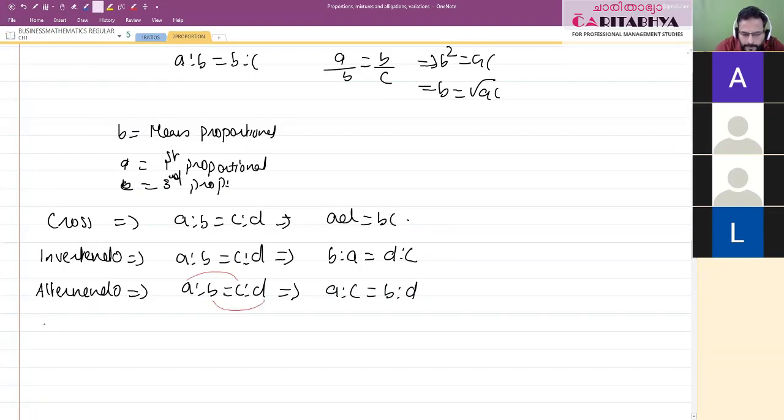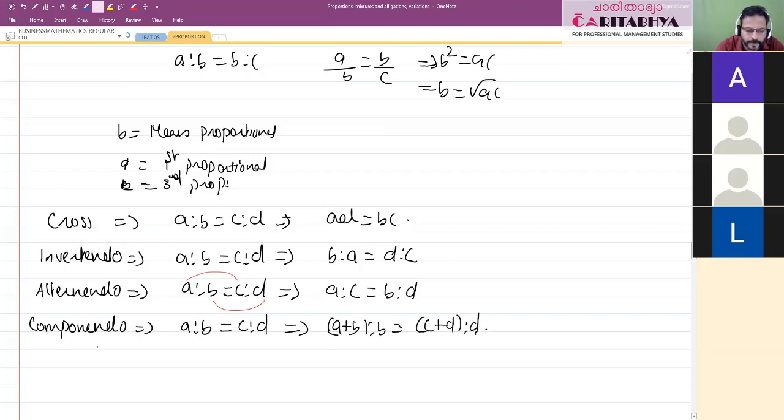Then അടുത്ത property എന്തായിരുന്നു? Componendo property. First of all, there should be a proportion A is to B is equal to C is to D. That implies A plus B is to B is equal to C plus D is to D. The next property എന്തായിരുന്നു? Dividendo property.